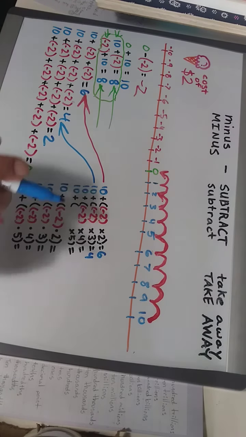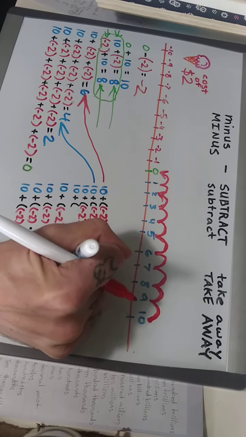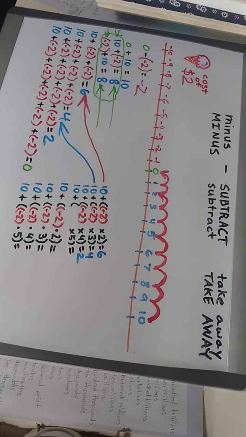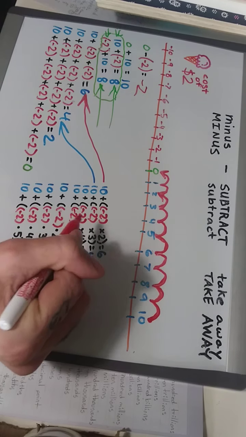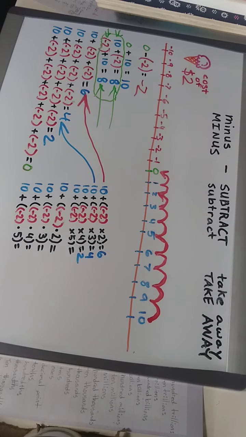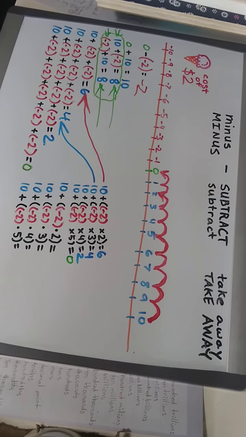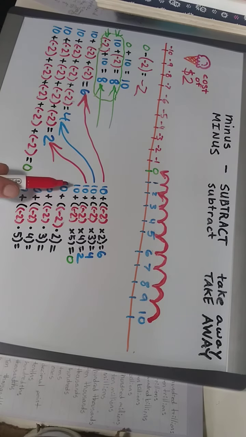So we have 10 plus negative 2 times 4 equals 2. Now, if we get all of the ice creams, 10 plus negative 2 times 5, we spend all our money, so it would be 0. So there you have 10 plus negative 2 times 5 is 0.